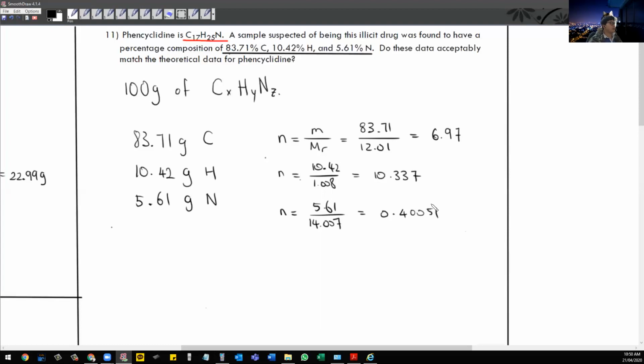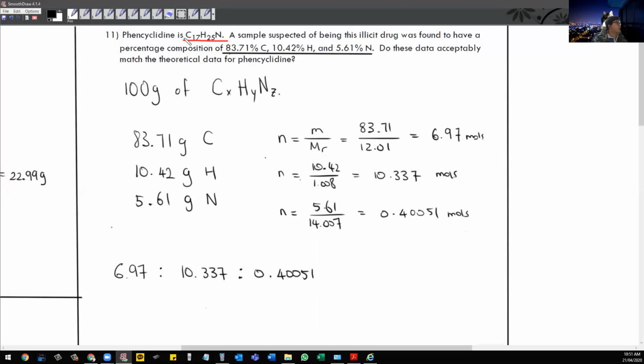Okay, so that's what I got, moles. So I've got 6.972, 10.337 and 0.40051, and just need to check.